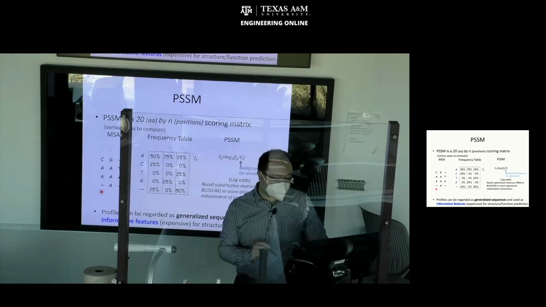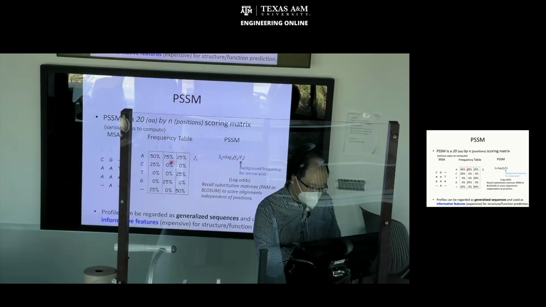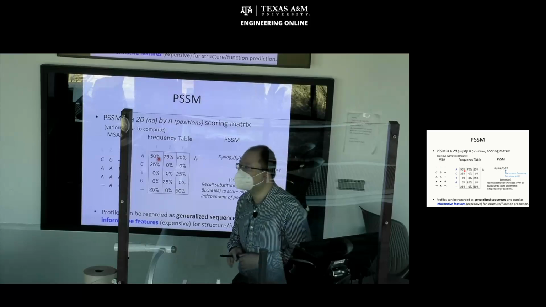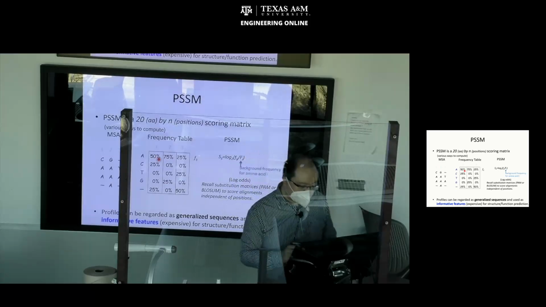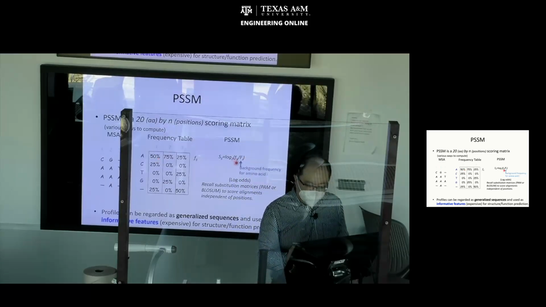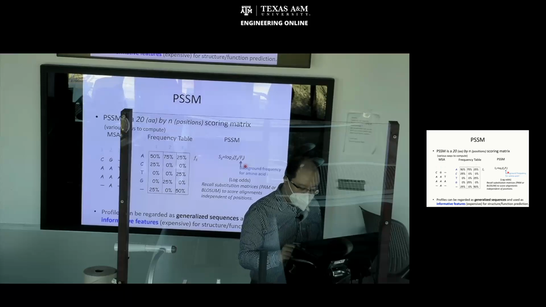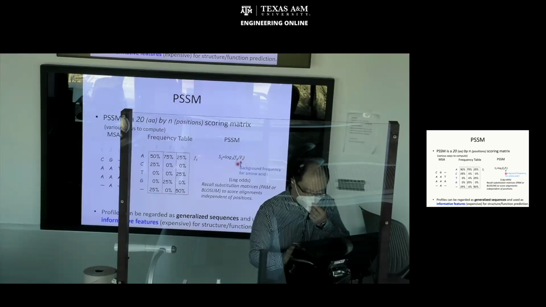So seeing that at some position A constitutes 75% or 50% is not a big deal for this family. So in this case, you normalize the position-specific frequency observed by the position-independent background frequency for that amino acid.